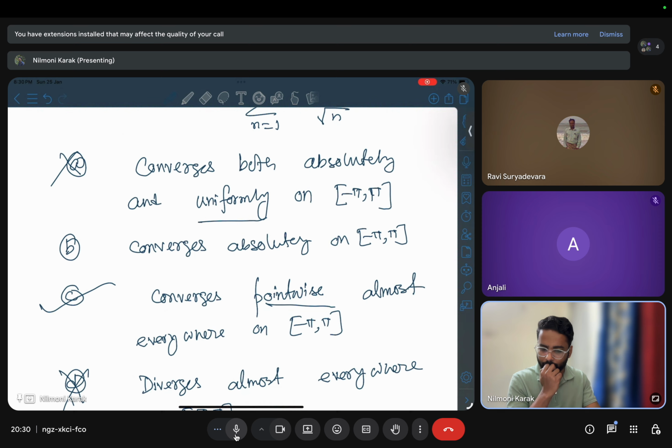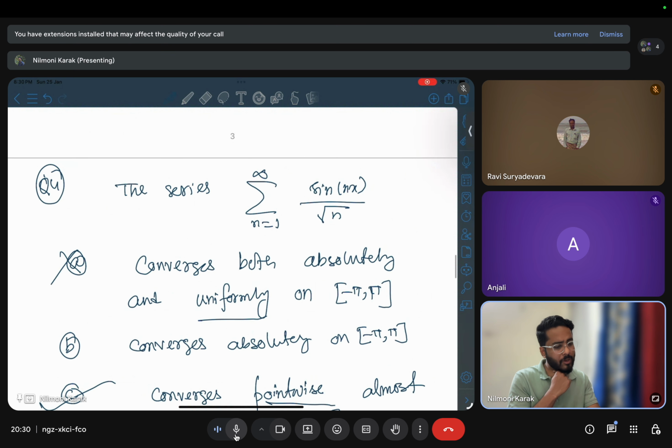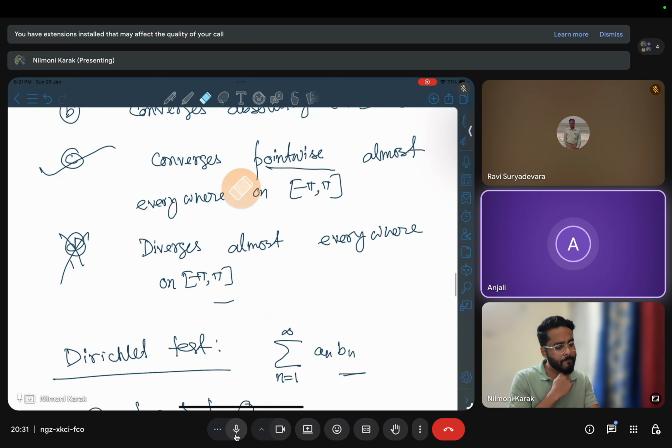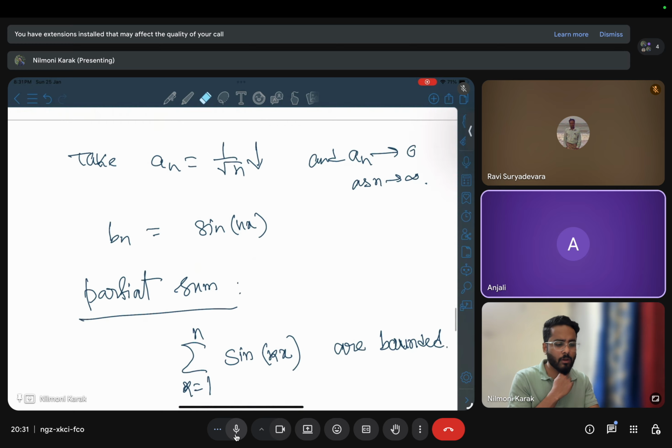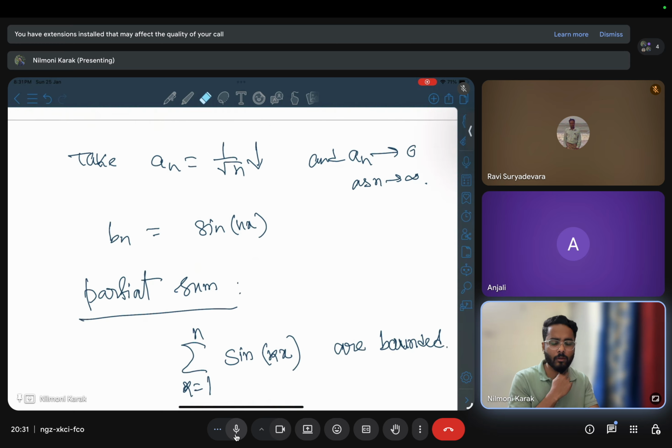This is not absolutely, maybe conditionally. Okay. So the Dirichlet test gives you uniform convergence, right? Or was it pointwise? I think pointwise. Like, did you check it?